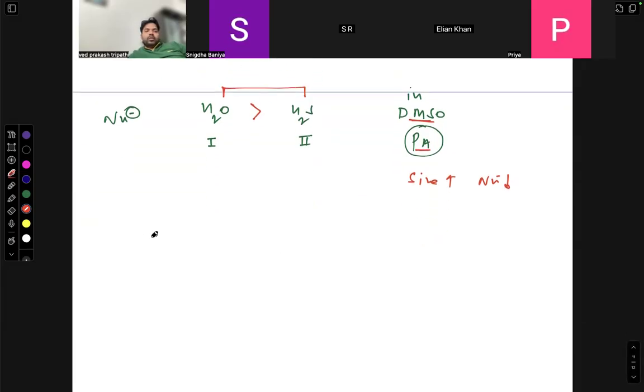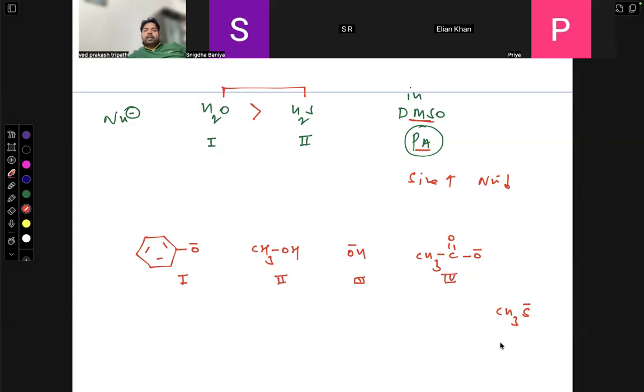Okay. Now another question. If the nature of the solvent is not given, then always consider it a polar protic solvent.